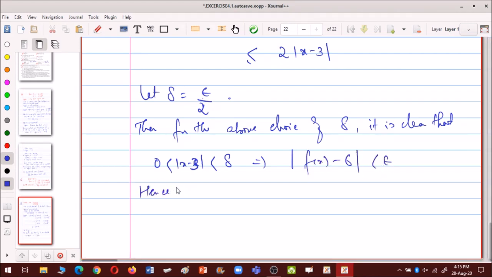Hence limit x tends to 3 of f(x) is equal to 6. So this we have proved.